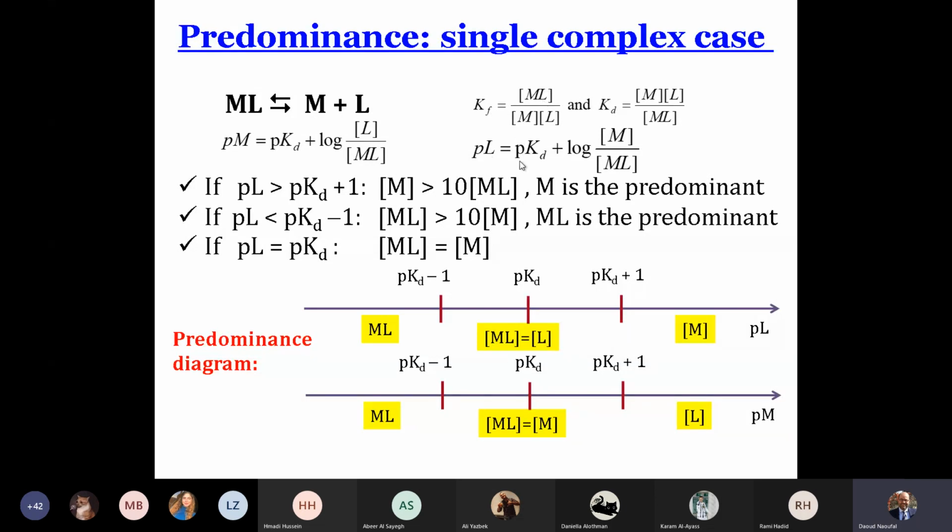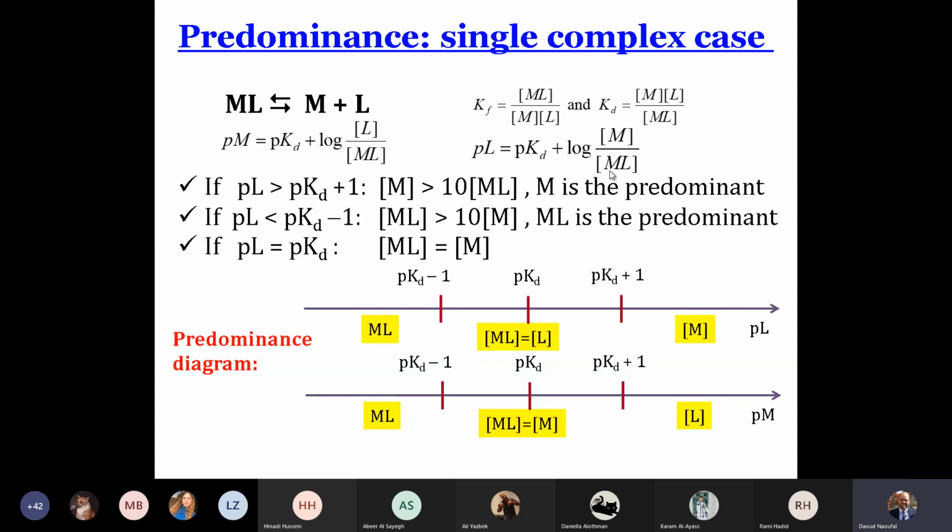So you can apply pL equals pKd plus log M divided by ML, but pay attention that these concentrations should be the concentrations at equilibrium of the complexation.